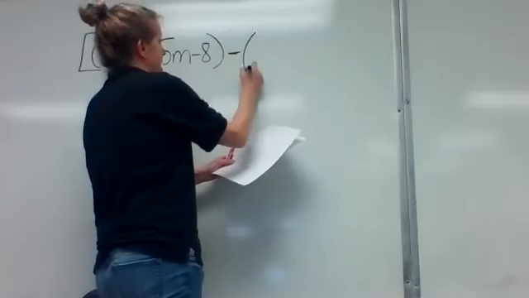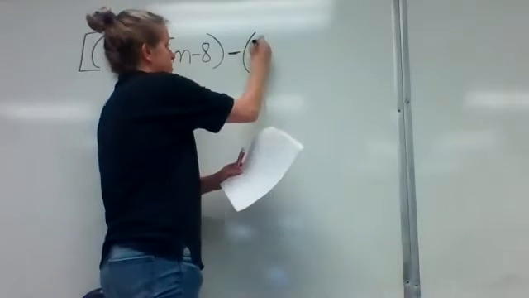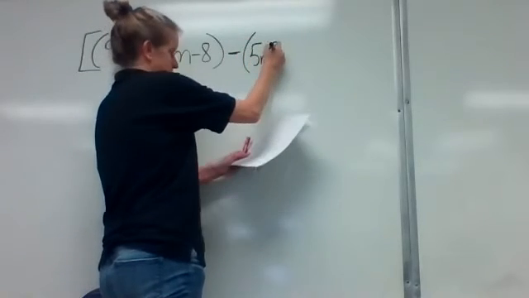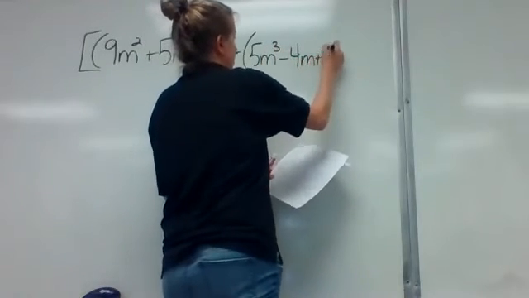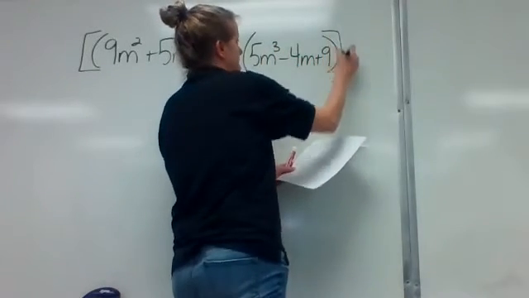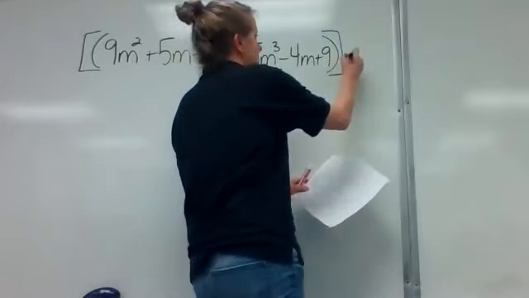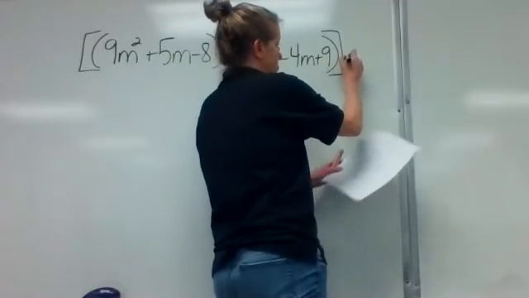Close that parentheses, then minus, open another one, 5m cubed minus 4m plus 9. Close that parenthesis, close that bracket, minus, oh shoot, I'm running out of room.